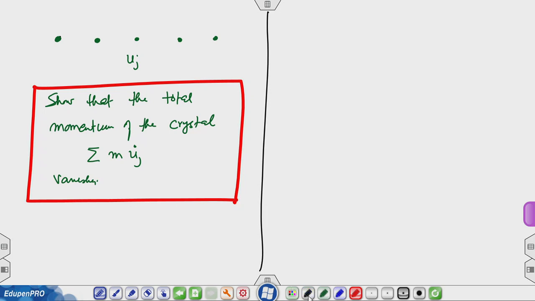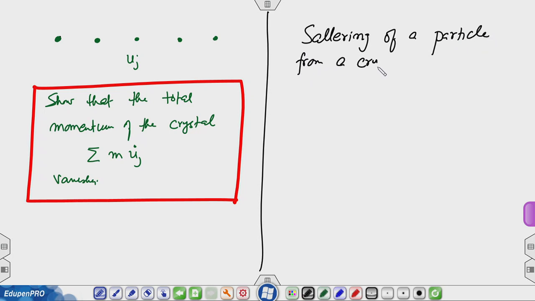So, that is what I am going to consider next, scattering of a particle from a crystal, and that is where all this formal development that we wrote comes in handy.